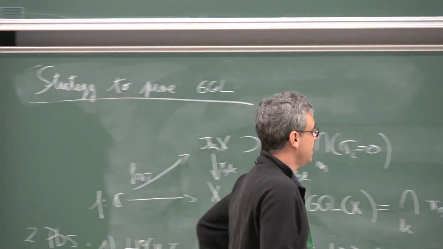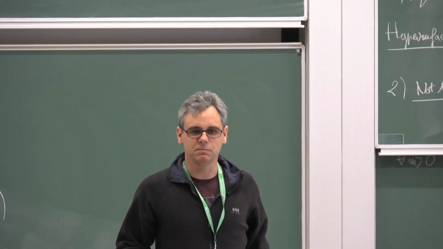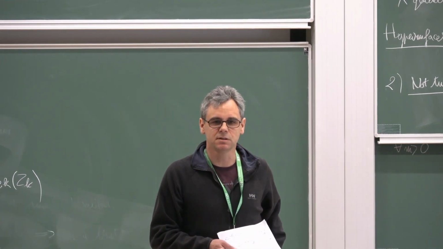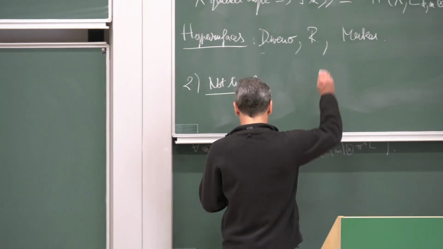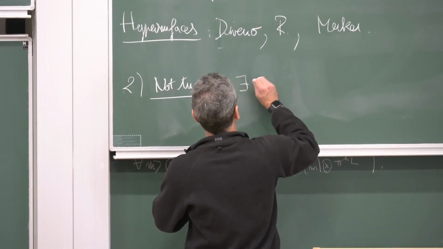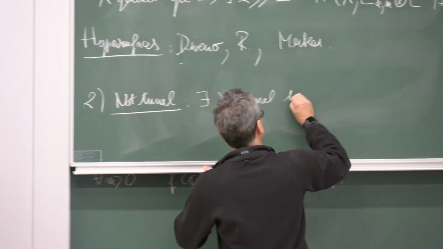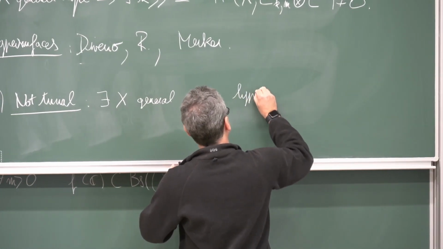Okay? But the examples are in some sense so stupid that people did not look at them to test the strategy, because they were hyperbolic for other reasons. Okay? So there exists X, general type plus hyperbolic.